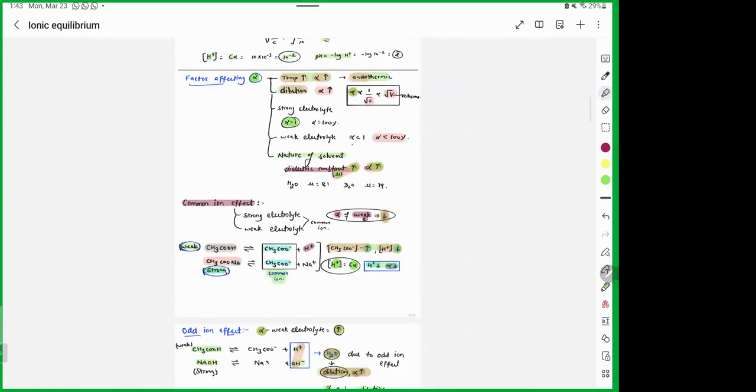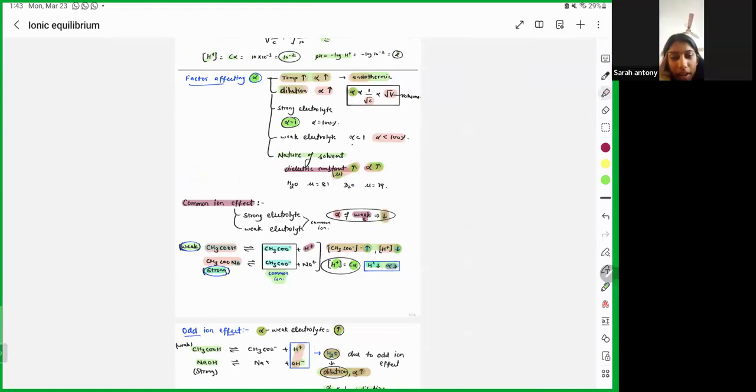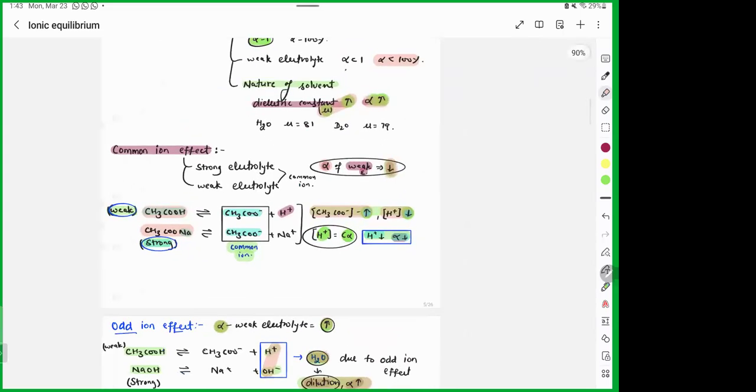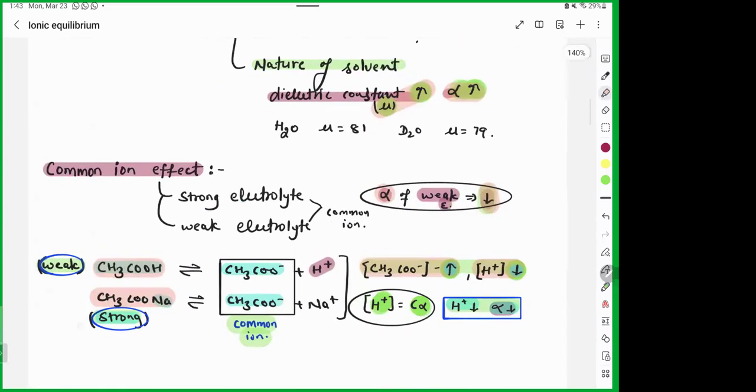Factors affecting: common ion effect, odd ion effect. Common ion decreases alpha. In the common ion effect, if we take a common ion, then its concentration will increase. So H positive concentration decreases.